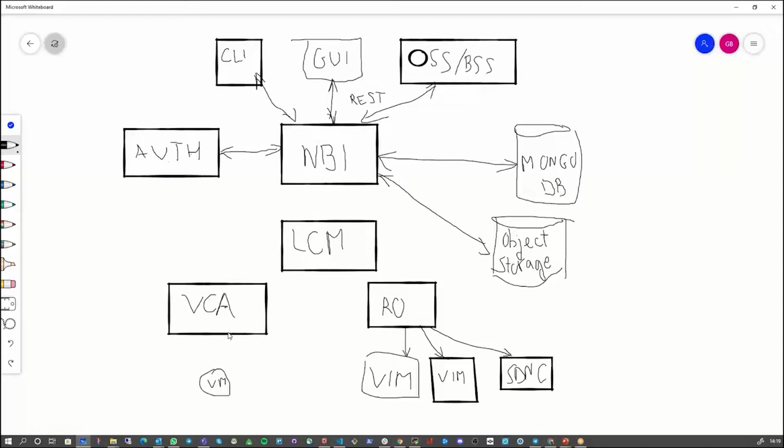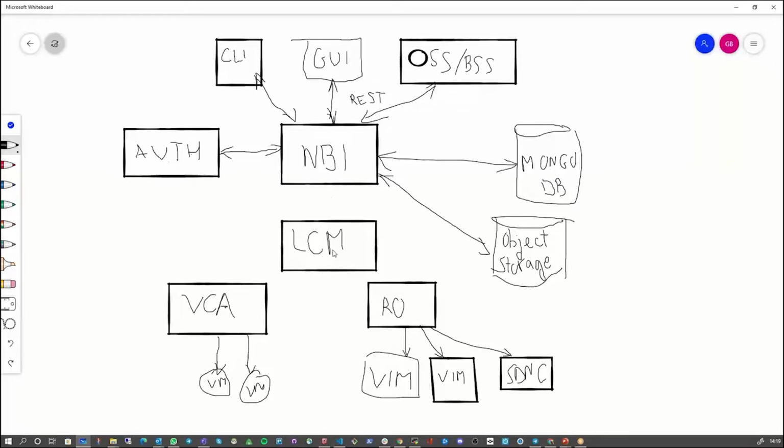VCA is the acronym that we use in OSM, and in the case of OSM we are talking about the Juju controller and the Juju charms. That's the framework for VNF configuration. Those talk to the VMs running there. That would be the generic case for the VNFs.